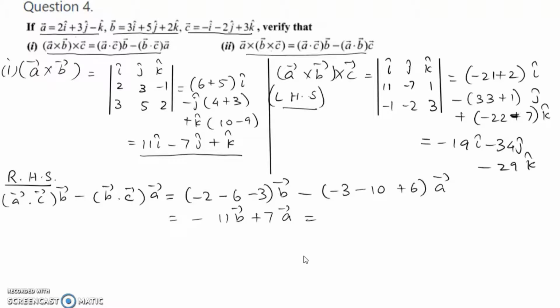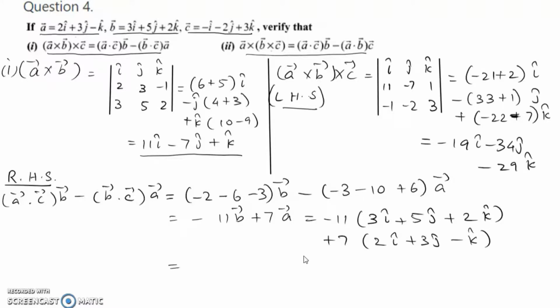So now let's substitute B and A vector in this equation. So minus 11 into vector B is 3 I cap plus 5 J cap plus 2 k cap plus 7 times a vector would be 2 I cap plus 3 j cap minus k cap.